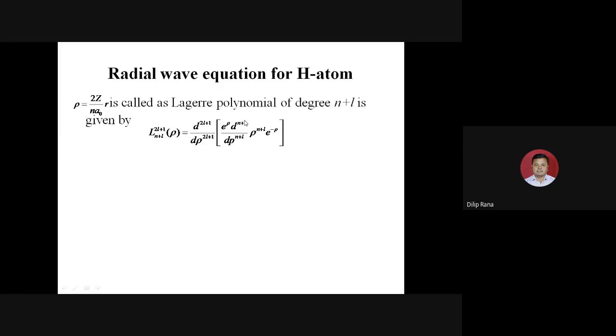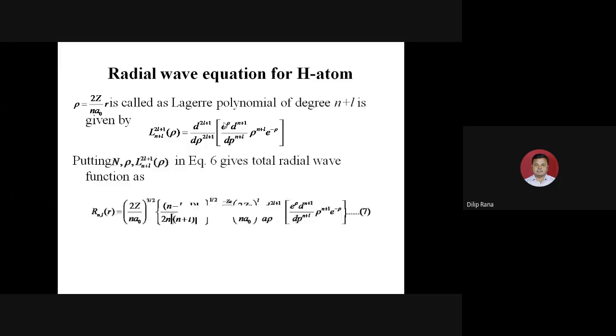It is determined by considering the spherical coordinate, meaning the angular part, and we can have the value of l by determining the Laguerre polynomial. Now we have all the separate parts, and if we put all these things in the equation, we can have the final radial equation for the hydrogen.